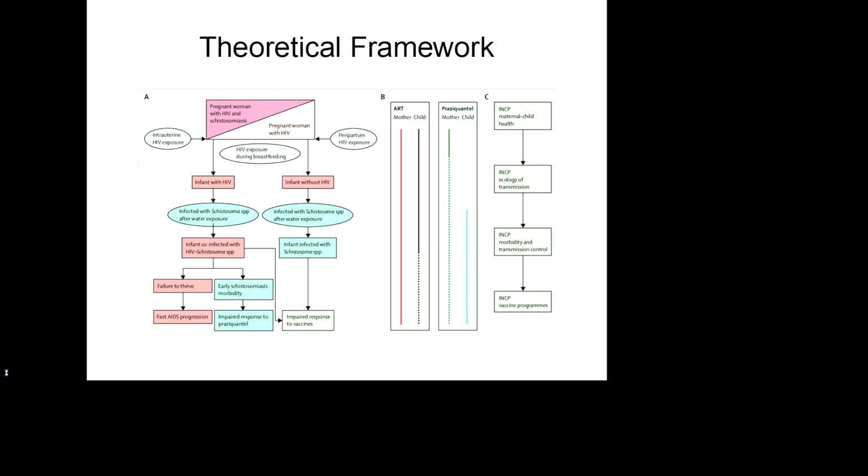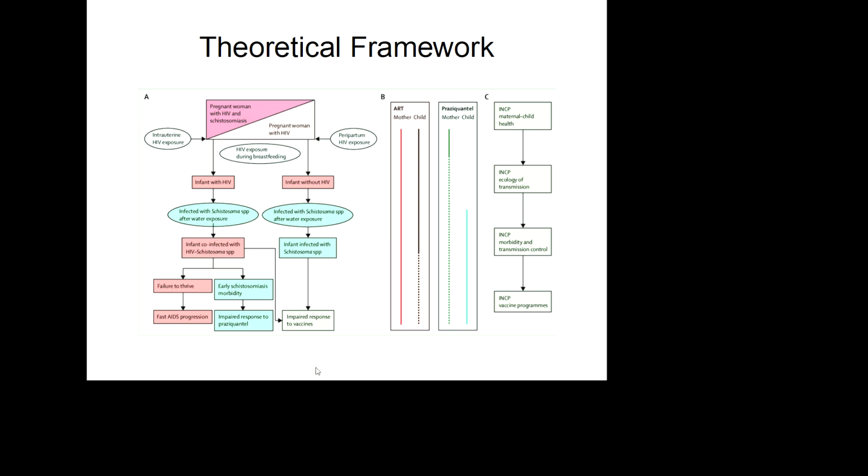An example is this one. This is a case series involving newborns who are affected by both HIV and schistosomiasis. This is the conceptual framework, which highlights the theory of what's happening to these children who have concurrent infection with HIV and schistosomiasis.